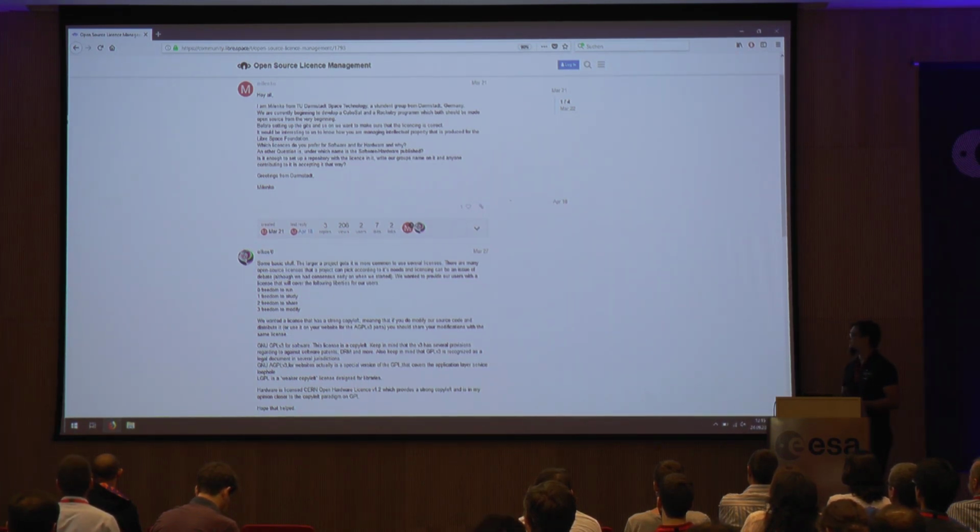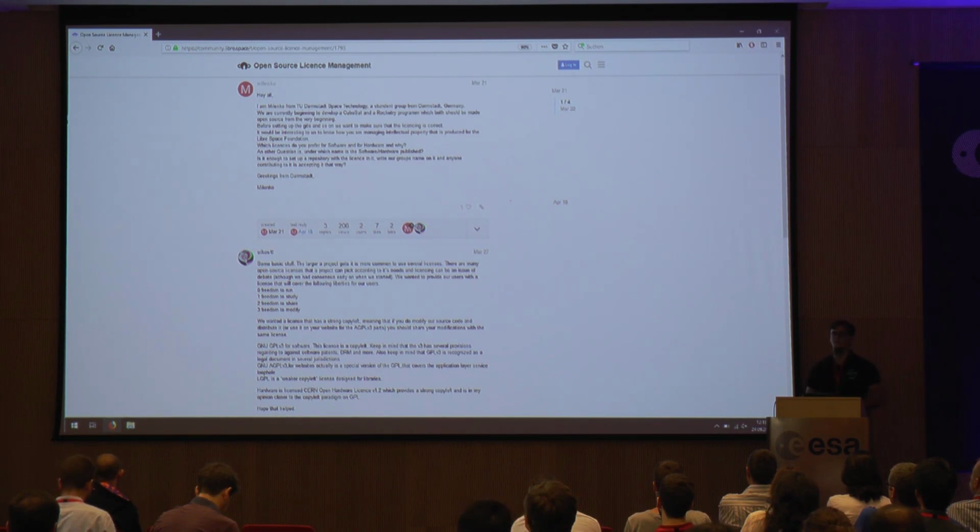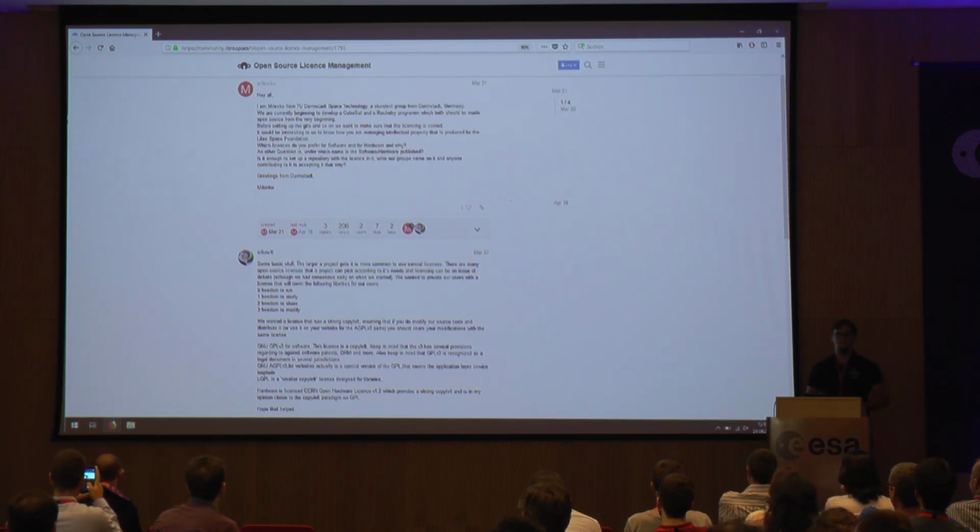We also decided to do a strong copyleft, because we're a non-profit organization, and there's no reason why anyone should use it for their business and not contribute to it. So strong copyleft on everything.